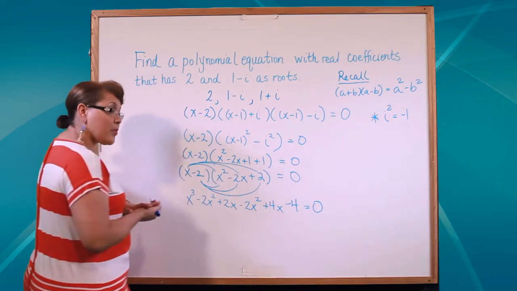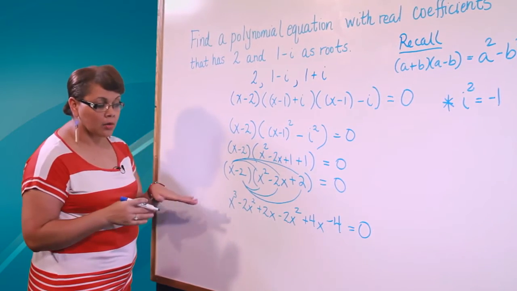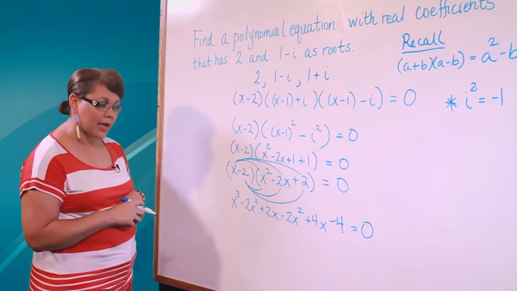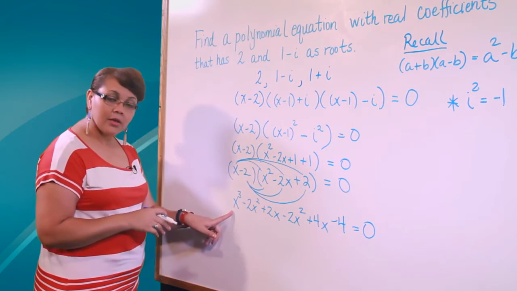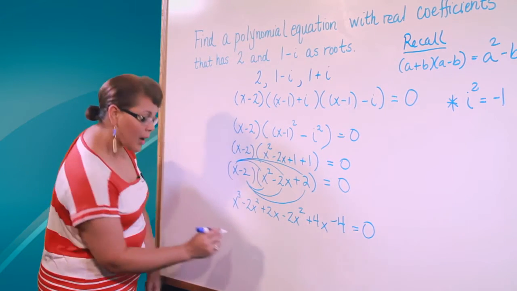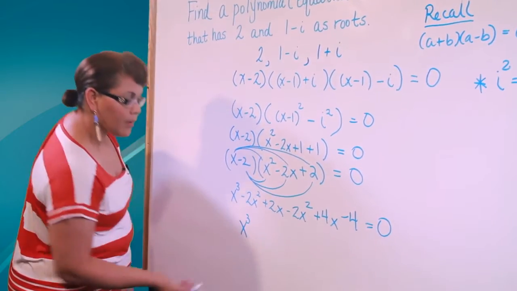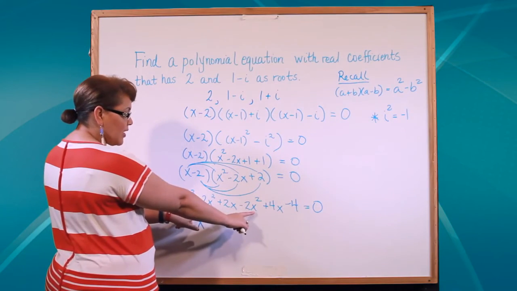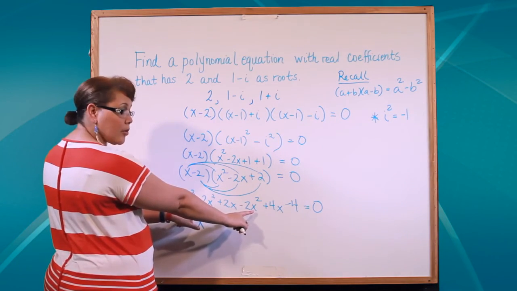And in our last step here, we will look at all of the terms and combine the like terms. I don't have any other term that has an x cubed, so I will bring down x cubed. I have 2 terms that have an x squared, so we'll combine their coefficients.